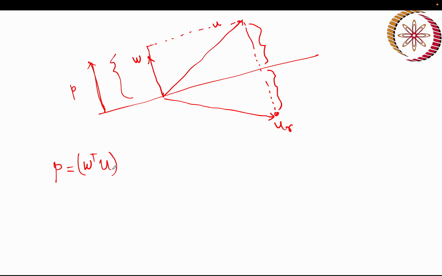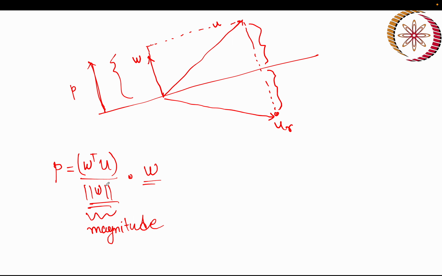So this is W transpose U, and then we are supposed to divide by the magnitude of W, which is already 1. This is the magnitude of the projection, and the direction will be W. Okay, so I hope you got this.